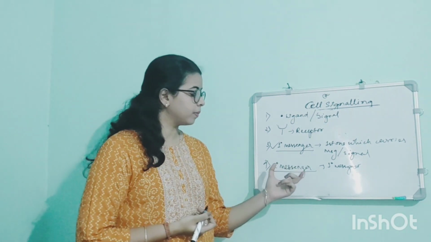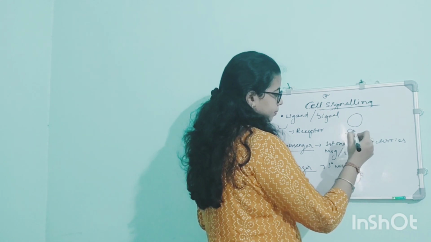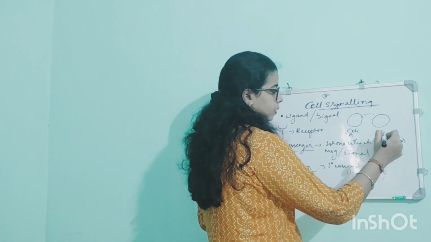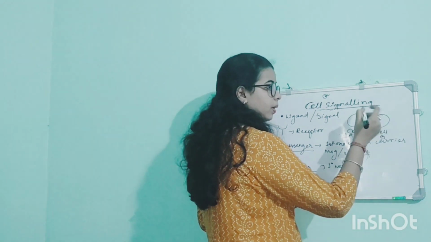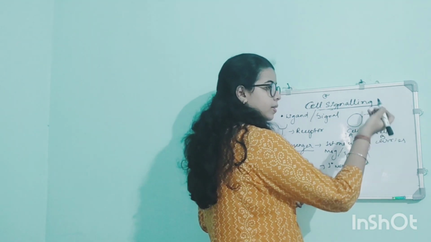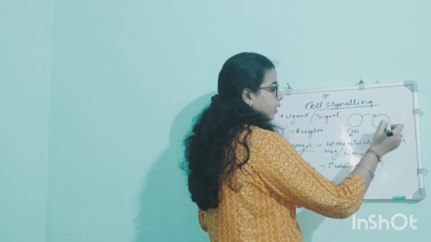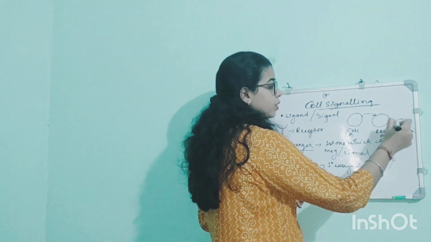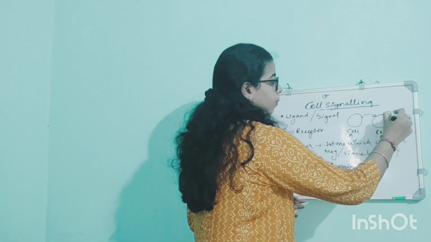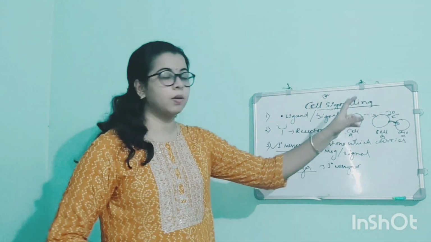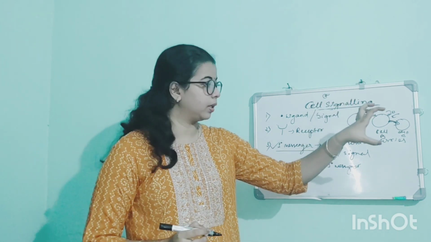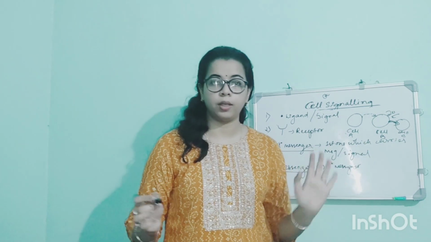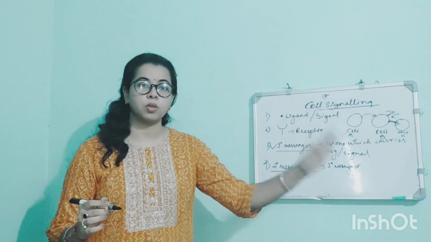Say cell A sends a signal, cell B acts as the primary messenger, or you can say receives the signal, and then it will transmit to cell C. The signal which goes to cell C is the secondary one, because the primary is the one which is first received. Secondary means later on, similarly tertiary and quaternary, like this. So the message goes on going.